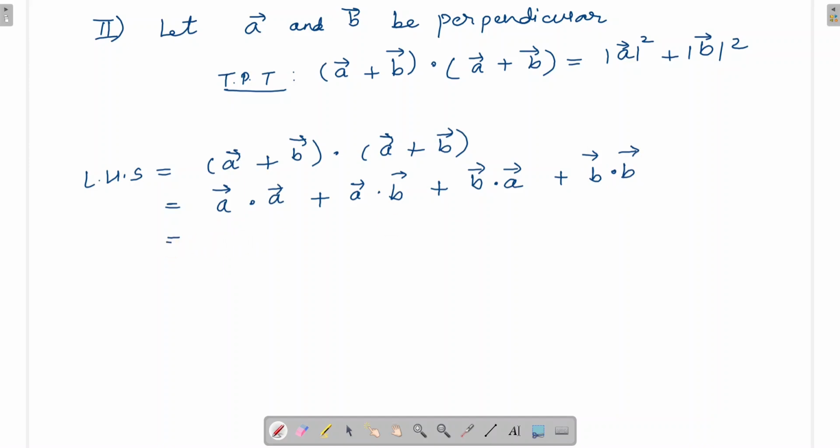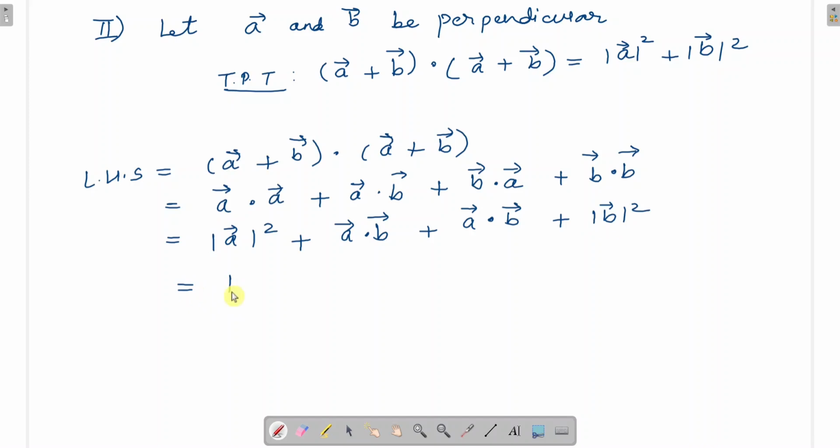Okay. Now we know that A bar dot product A bar is what? Magnitude of A bar square plus A bar dot product B bar plus this B bar dot product A bar can be written as A bar dot product B bar, because a dot product is commutative. Okay. Then B bar dot product B bar will be magnitude of B bar square.